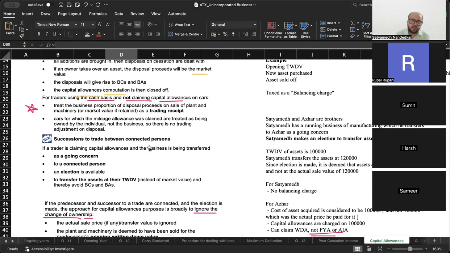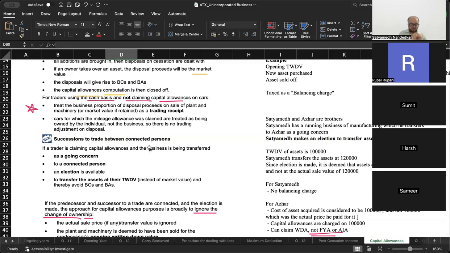Succession to trade between connected persons. If a trader is claiming capital allowances and the business is being transferred as a going concern to a connected person, an election is available to transfer the assets at their tax written down value, thereby avoiding balancing charge, balancing allowance. So, if Harsh is a connected person, if Harsh is my brother and I am transferring my business to him as a going concern, what will happen in that case?